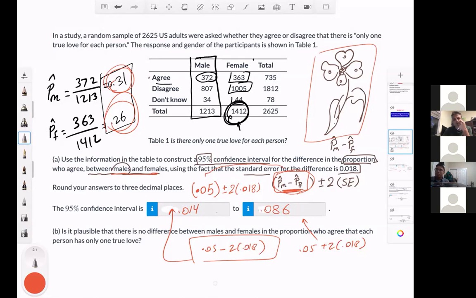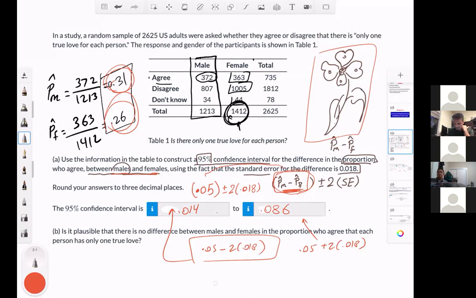What about part B? Is it possible that there is no difference between male and female? If there is no difference, that means the difference should be 0, correct?